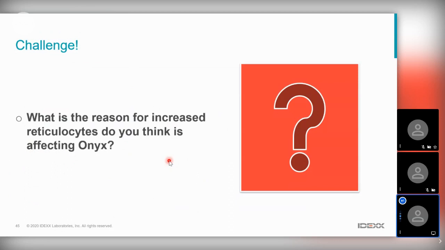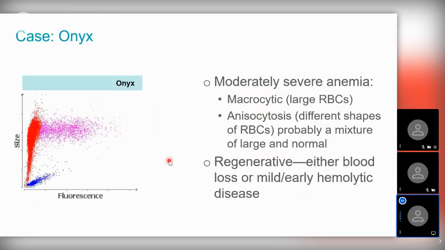The third one could also be the reason, because the body is producing reticulocytes to cope with the increased demand for RBCs, but they are not increasing. So it's a kind of balancing act going on in the body, that the bone marrow is trying hard to cope, but something is eating the cells inside. So number 3 could likely be the reason why we are seeing more reticulocytes and fewer RBCs on the panel.